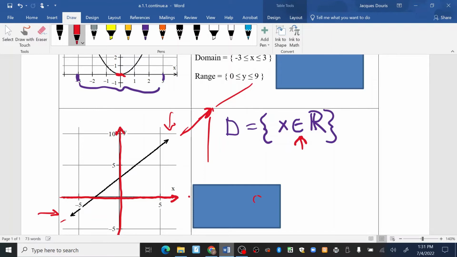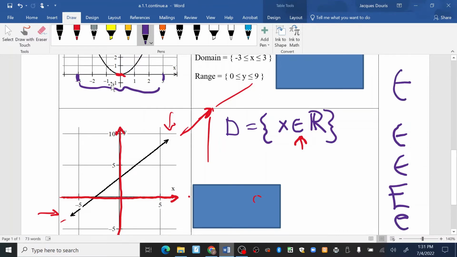What I'm trying to do is draw this symbol. It looks like an E, but it's not this E, not that one, it's that one. So x is an element of the real numbers, and the R there is the symbol for a real number.